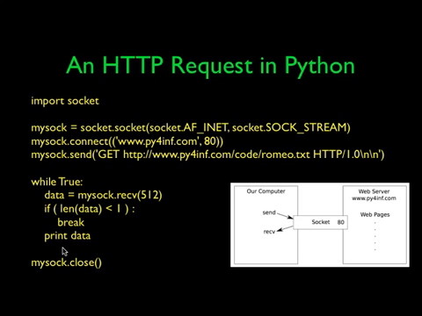So let's continue writing our first browser in Python. The first thing we have to do is what we did in the last program: import the socket library, create a socket, and then connect ourselves to port 80 on a server across the network. Now it's like they've answered the phone.